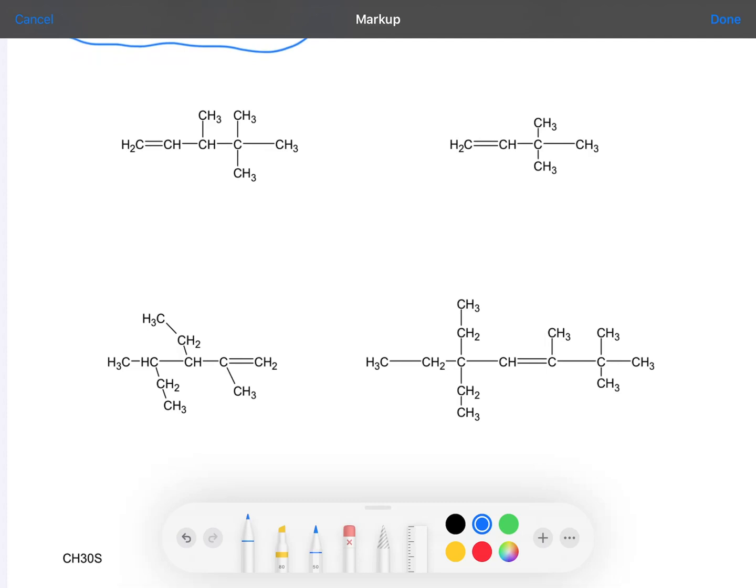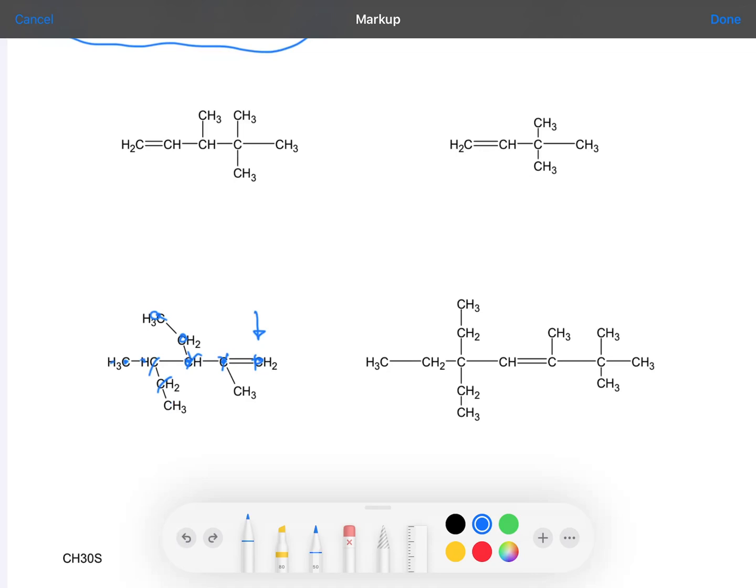This one is a little bit tricky, I think. So we will start numbering from this side and find the longest chain. So I have 1, 2, 3, 4, 5. 1, 2, 3, 4, 5, 6.